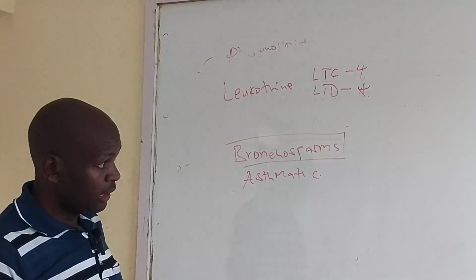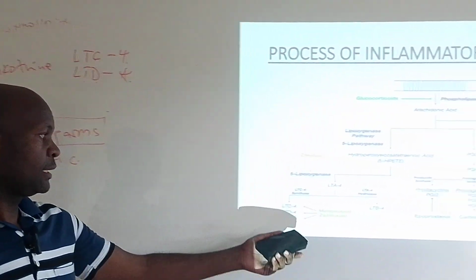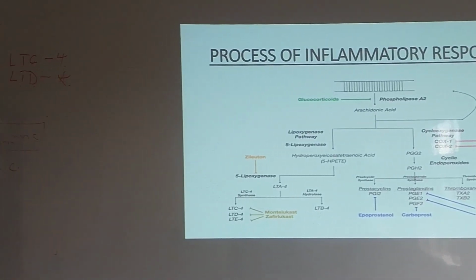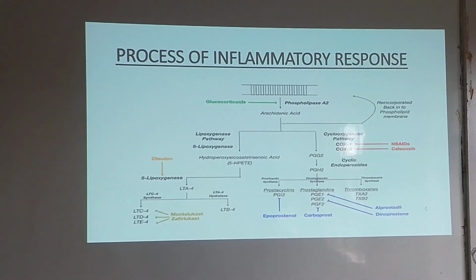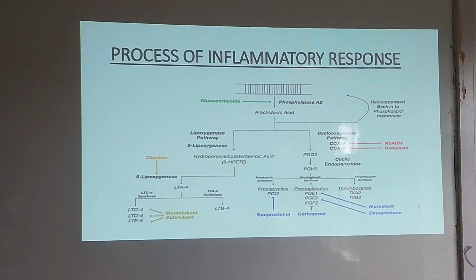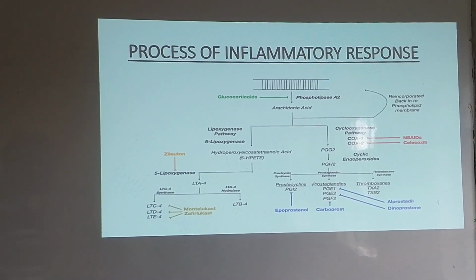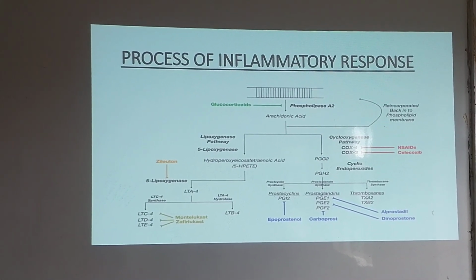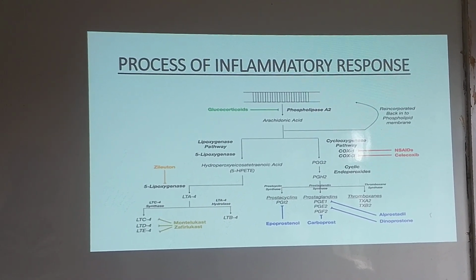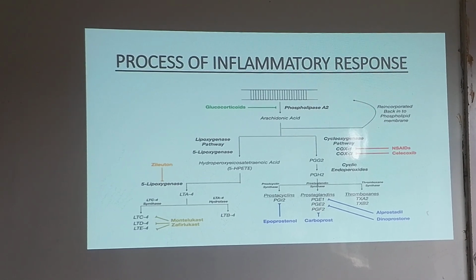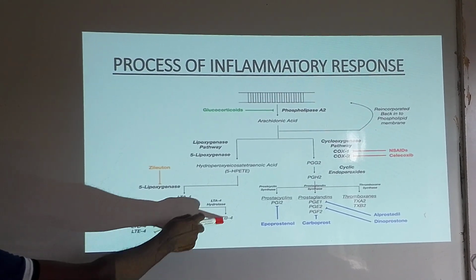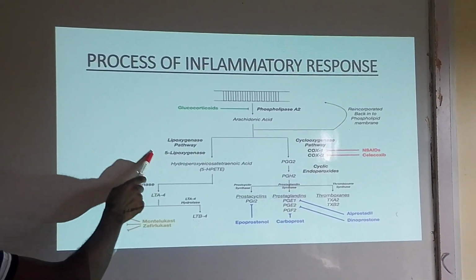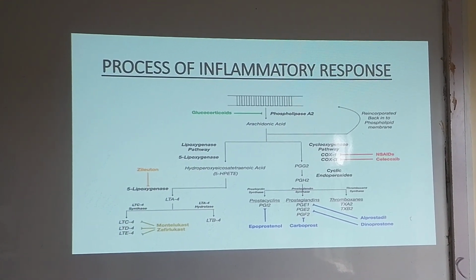And that's why we give medications called montelukast to block the effects of these leukotriene metabolites. Leukotriene B4 plays a role in chemotaxis, that is attraction of neutrophils to inflammatory sites. So that marks what happens when arachidonic acid takes the lipoxygenase pathway.